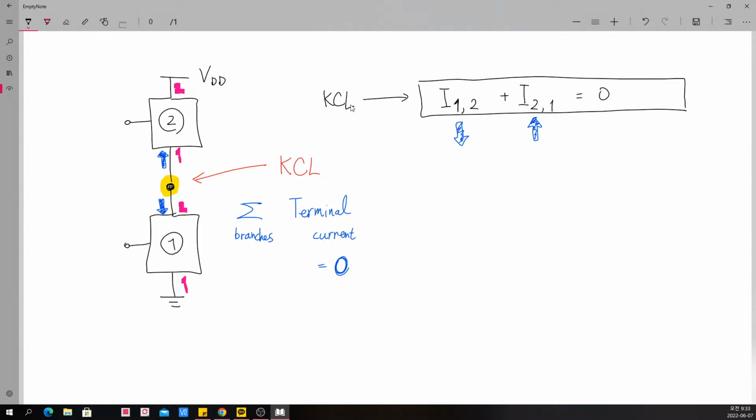So up to now, I have just shown you how we can implement the KCL into our system. Previously we made a certain drift diffusion code, and we can just introduce this single line to consider the KCL.